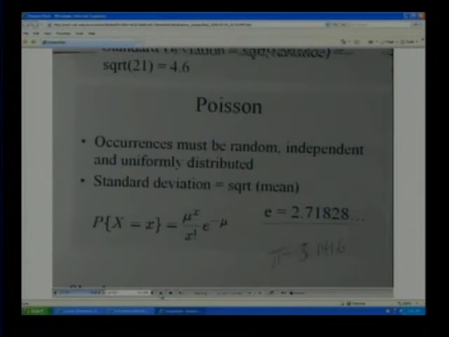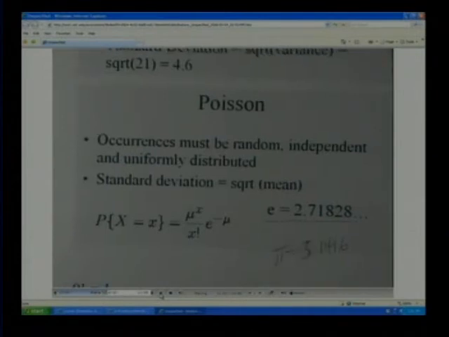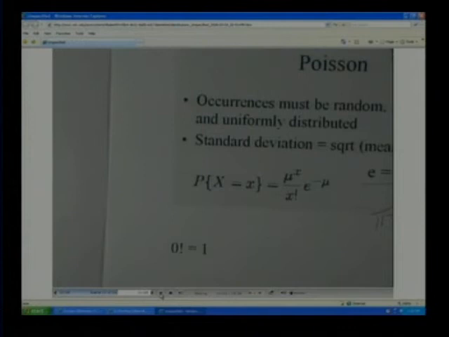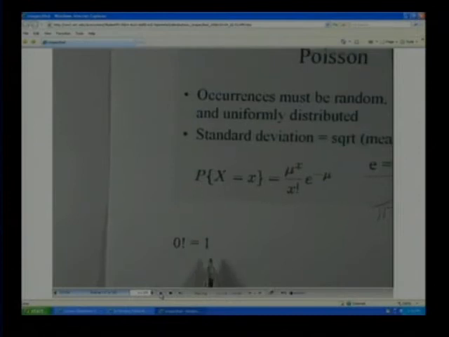Okay. I've also done a video on math symbols, and in that video I talked about 0 factorial. 0 factorial is always going to be equal to 1. Now, you can look at that and say it doesn't make any sense. I don't know why that is. Trust me. I can show you how it works.